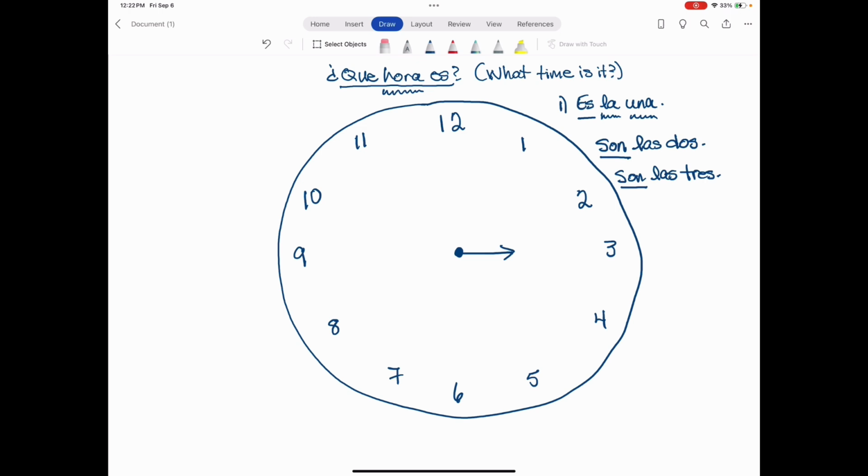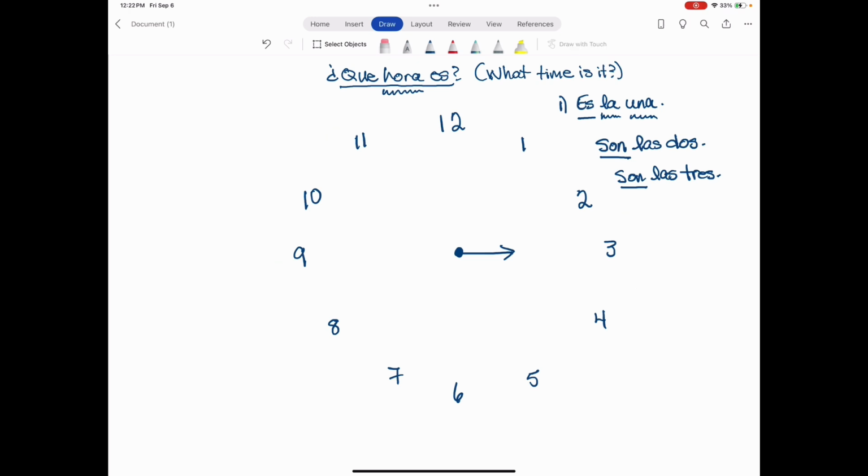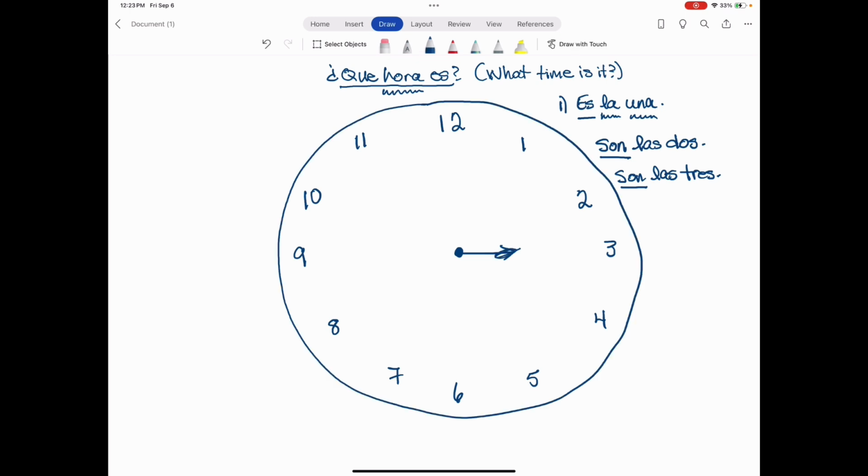Okay, now, what do we do if we have minutes as well as hours to think about? So, for example, let's say that it is 10 minutes after 3, okay? So, we've got the big hand up here, and the little hand somewhere in here. 10 minutes after 3.